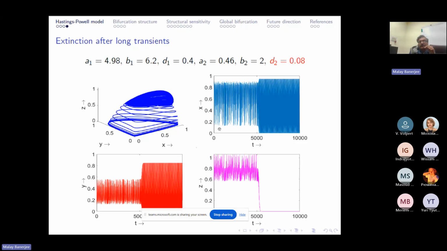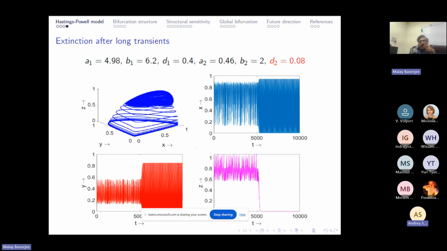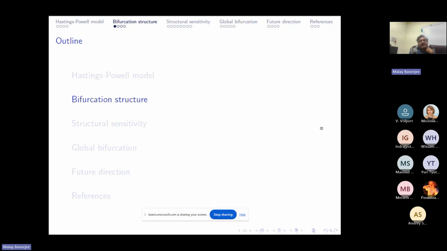Next I will come to whether this kind of dynamics is structurally sensitive or not. Once I go to the structural sensitivity part, I'll provide the ecological interpretation, justification or motivation behind this kind of investigation. So first of all, let us look at the bifurcation structure.